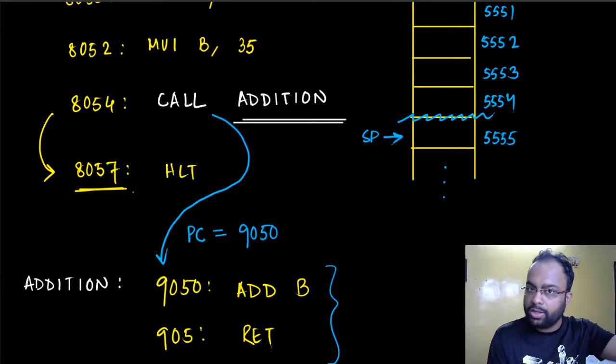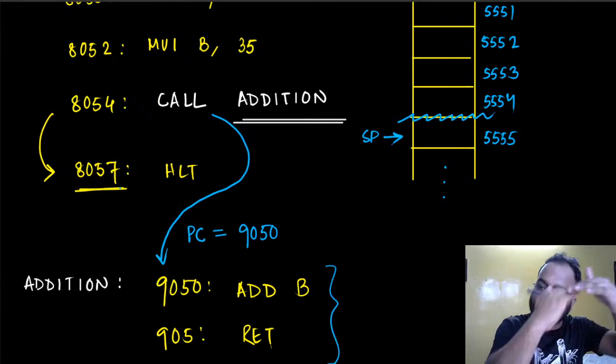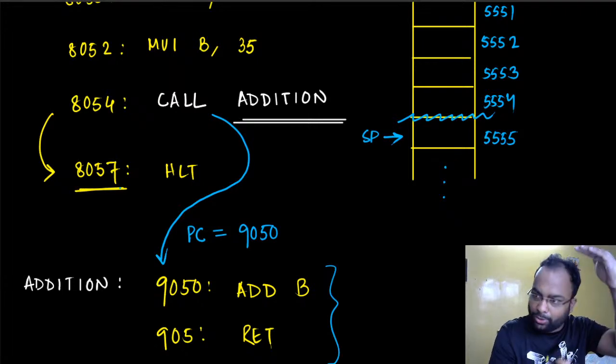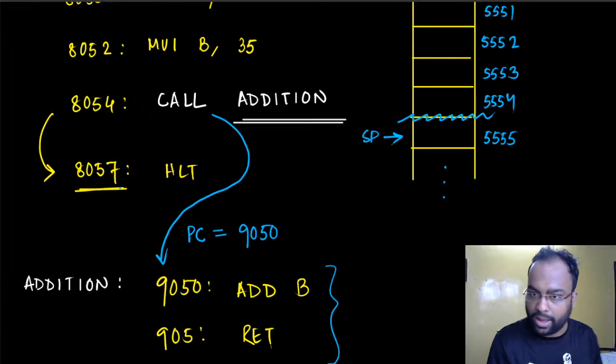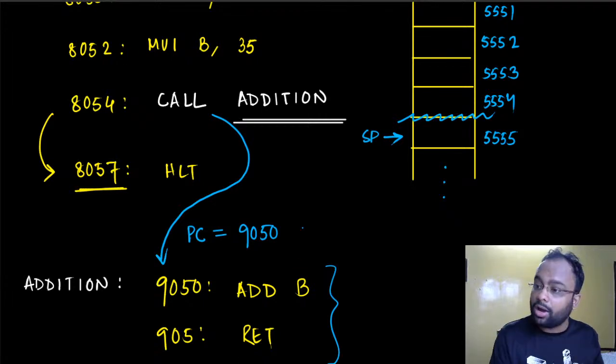But how would it come back if it cannot remember the address where to come back? This is not a problem with the jump instruction, because jump instructions only take place within the main program itself, within a particular program. So the memory location does not go beyond the main program. Now here I have gone beyond the main program.